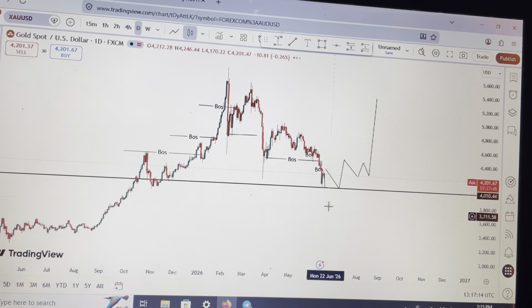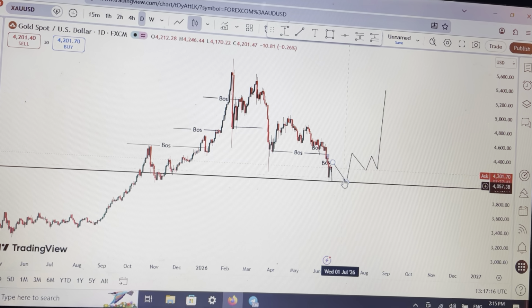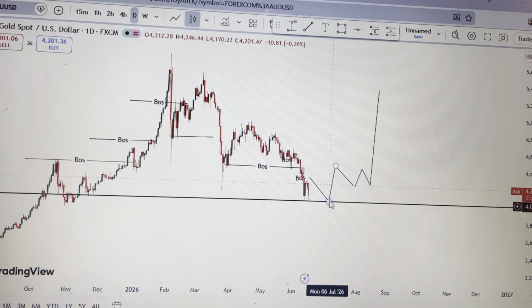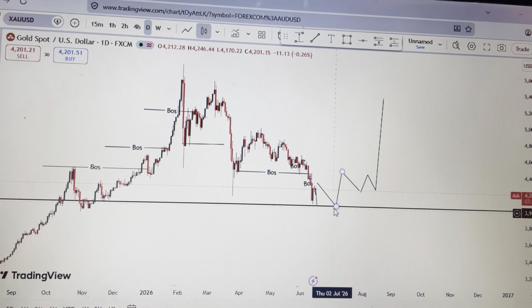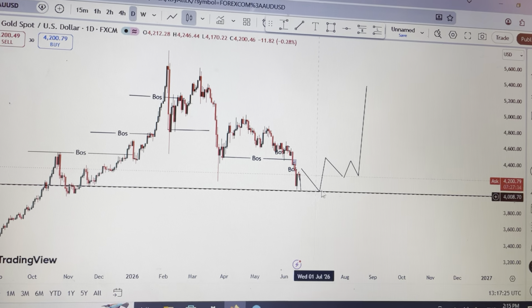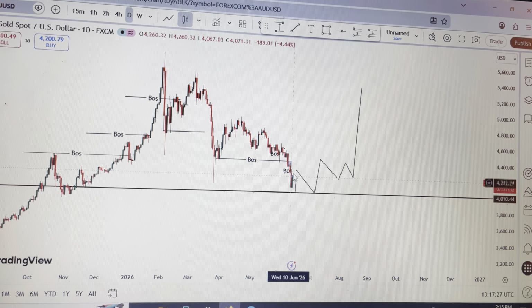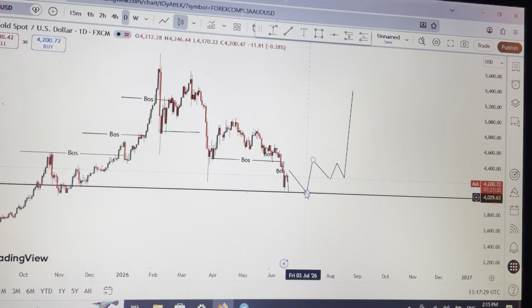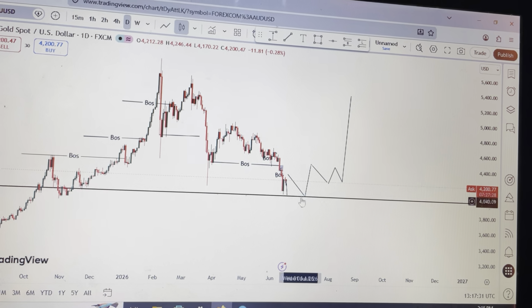But we'll wait for price to do this before I start looking for a sell, or you can be waiting for a sell around 4,000 here, around this demand level, right? If we see an internal structure shift, then we can be taking a sell around it. Why? Because price has already grabbed liquidity and we are trading at a grab of liquidity here.